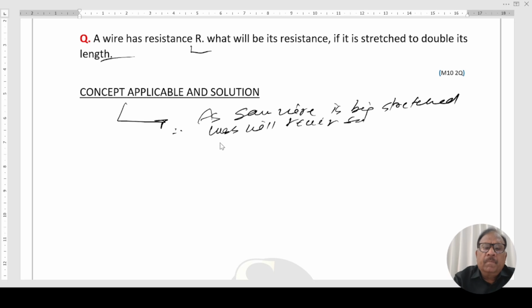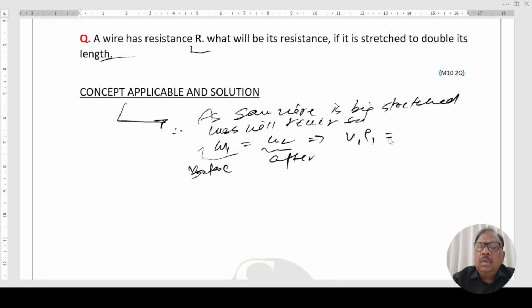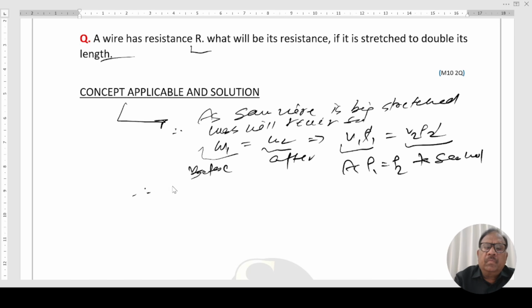Therefore, M1 equals M2 before and after stretch, that is V1 rho 1 equal to V2 rho 2. As rho 1 equal to rho 2 for the same material, therefore A1 L1 equal to A2 L2. This comes out to be L1 over L2 equal to A2 over A1.